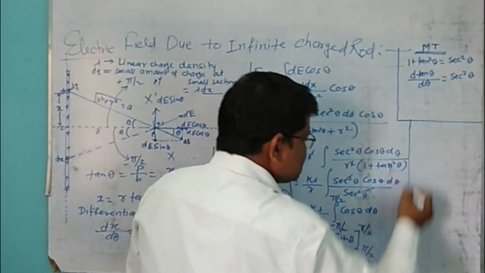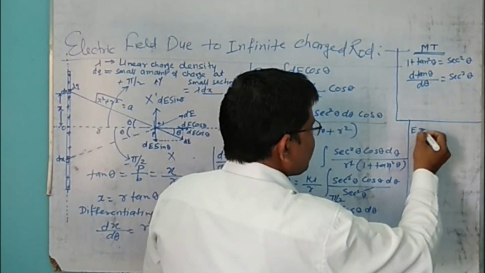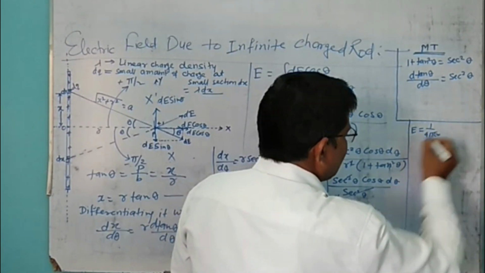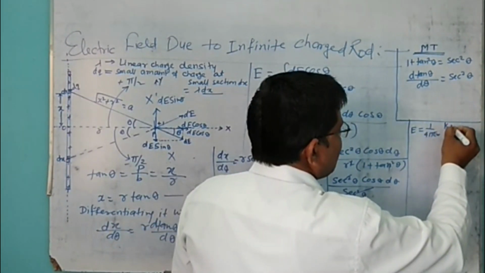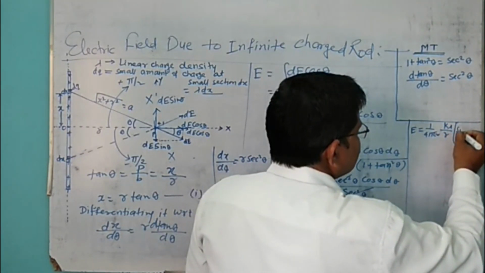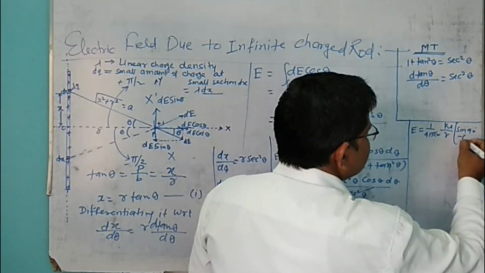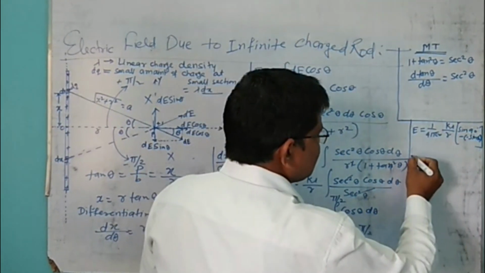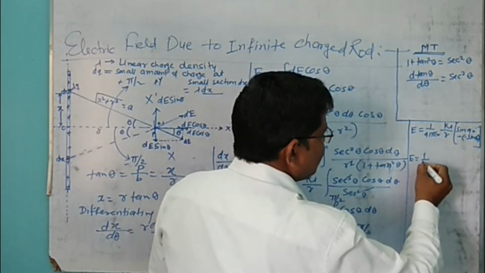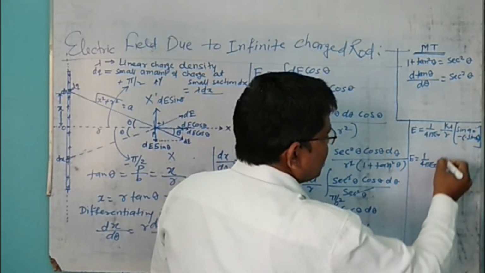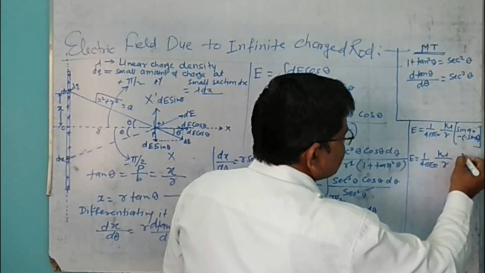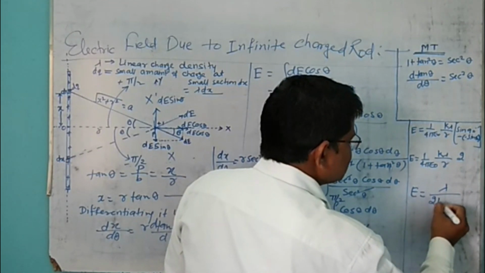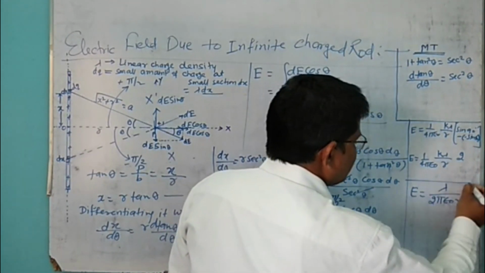So E equals 1 upon 4 pi epsilon naught, k lambda by r, sin 90 degree minus sin minus 90 degree. It becomes E equal to 1 upon 4 pi epsilon naught, k lambda by r into 2. Then E equals lambda upon 2 pi epsilon naught r.